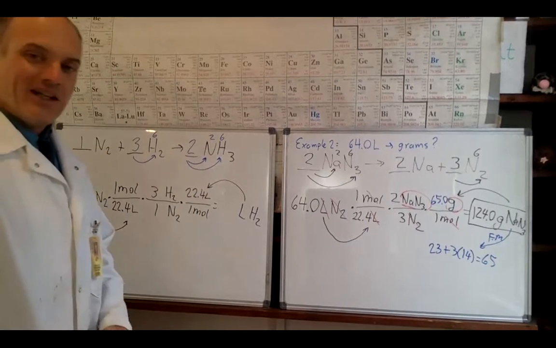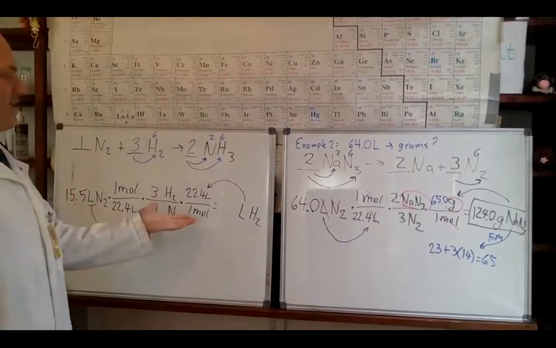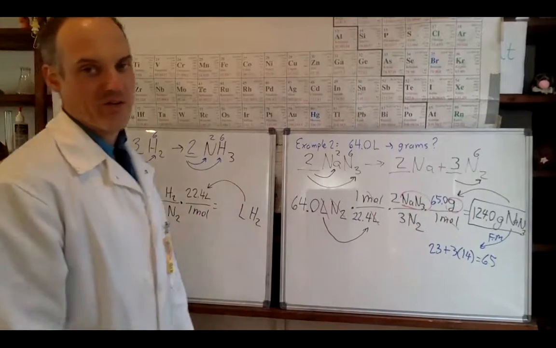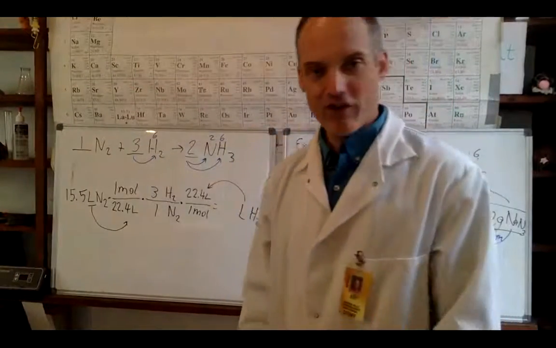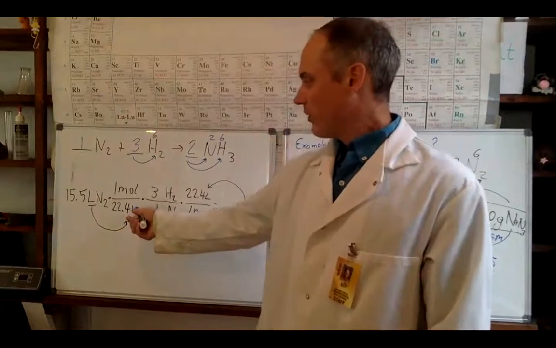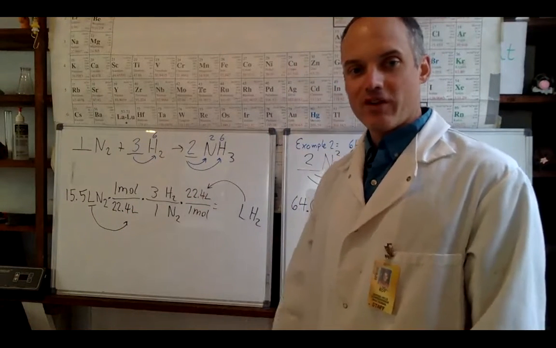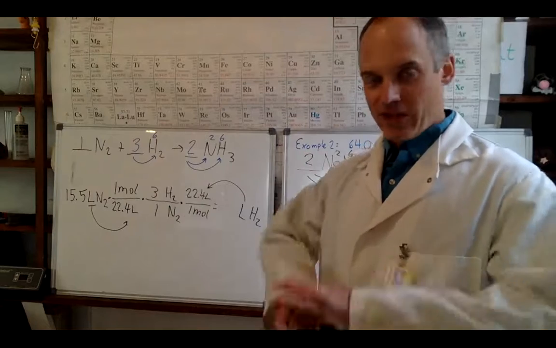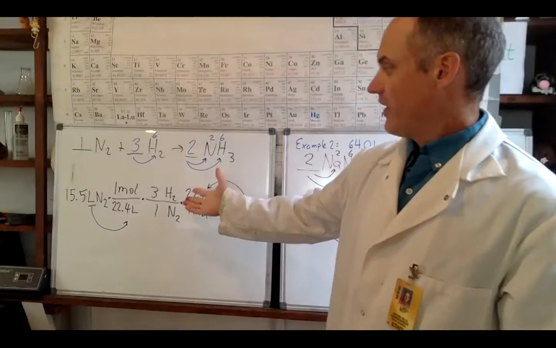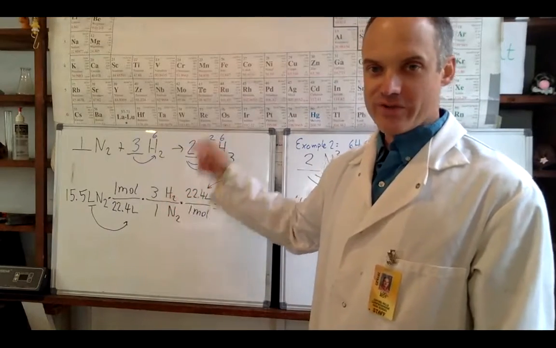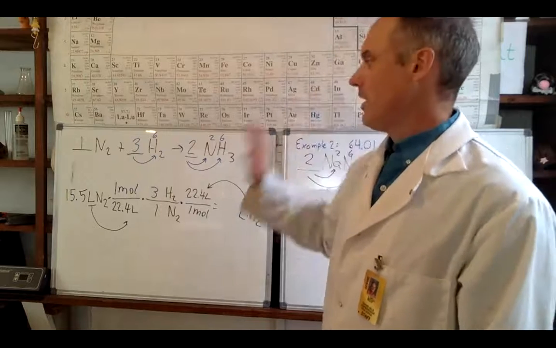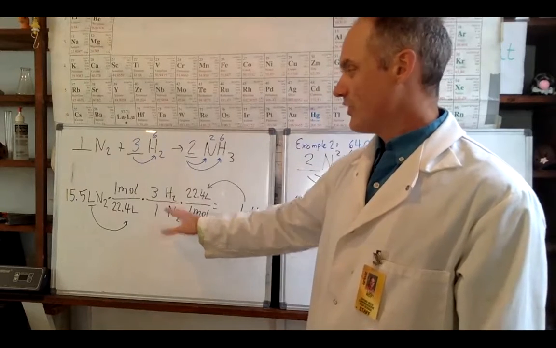Here's the problem. The first step and the last step cancel out, right? Because they're the reciprocal of each other. We have 22.4 in the bottom, and we have 22.4 on the top. Those 2 steps would cancel one another out. So the only thing you really need is the middle, the ratio step, okay? You can do it this way.